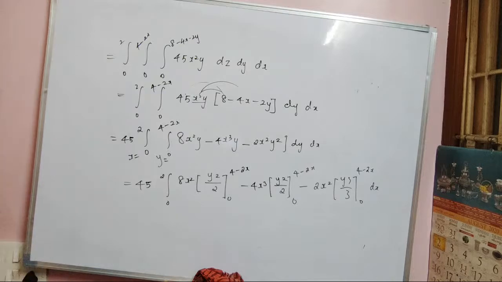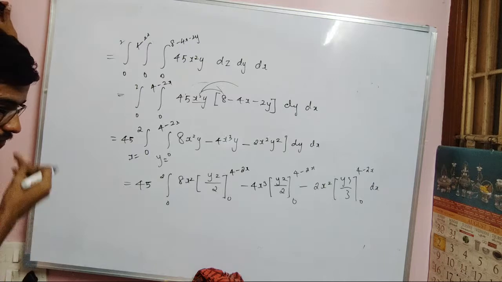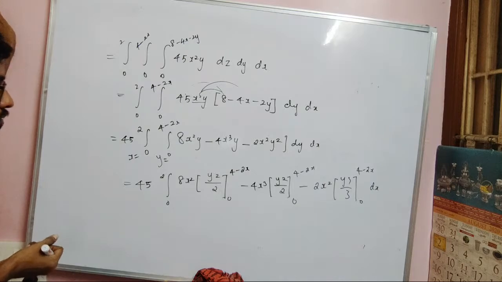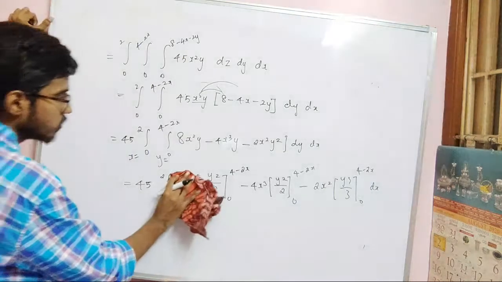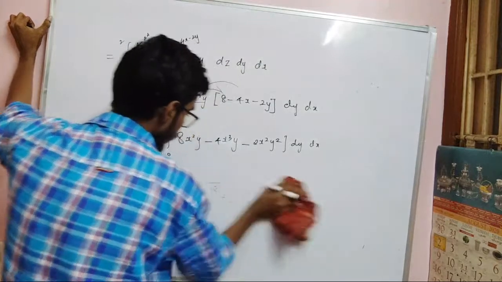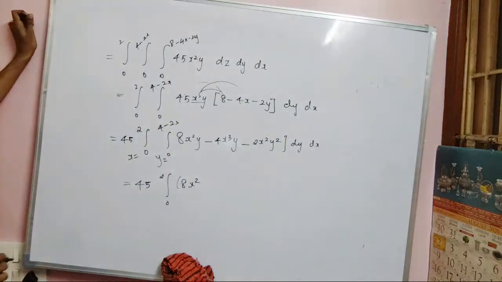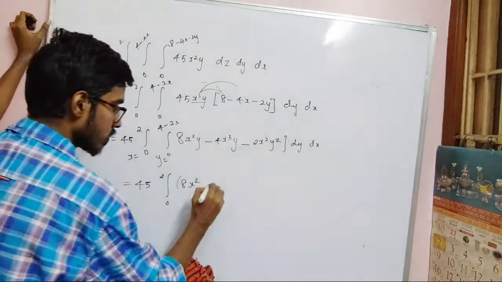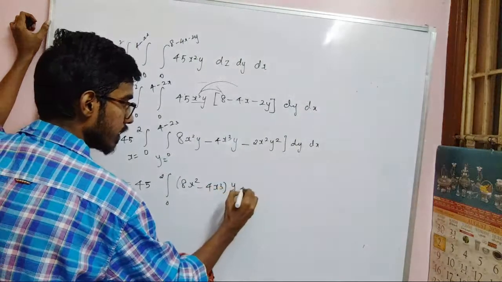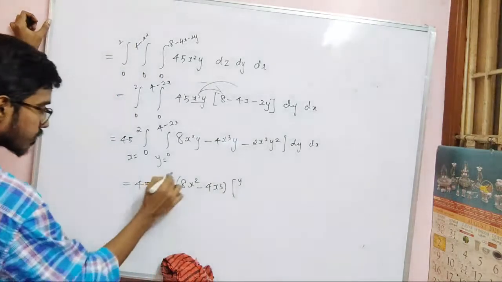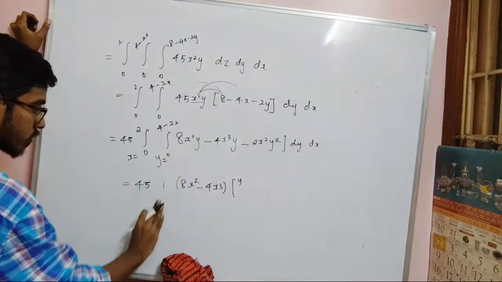Now you want to apply the upper limit and the lower limit. The lower limit is 0, so the only thing is you need to apply the upper limit. Before that, we have y common here, so we write 8x square minus 4x cube, take y, and then integrate.